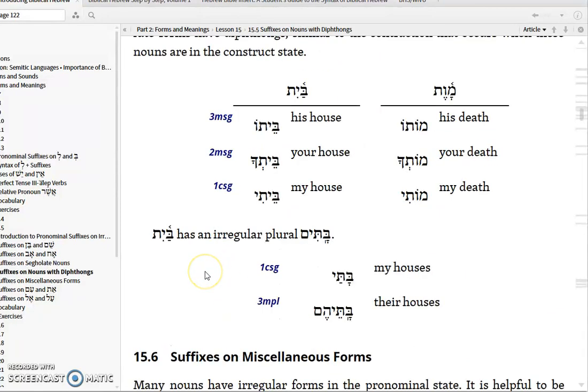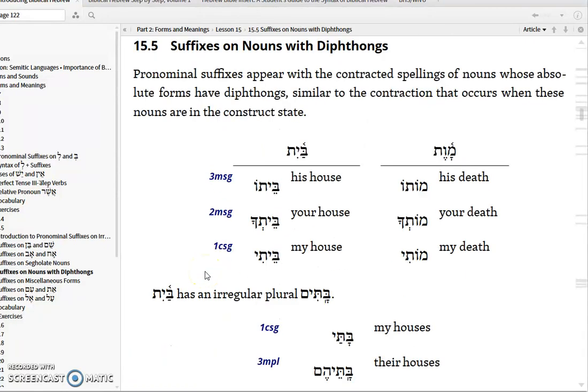Well, let's move on to some other suffixes on nouns with diphthongs. Where you have a noun like bayit with the AYI pattern and mavet with the AWE pattern, you're going to get vowel contraction.